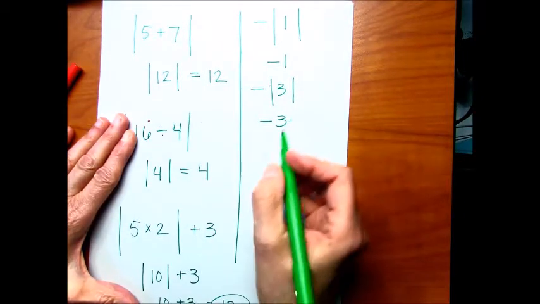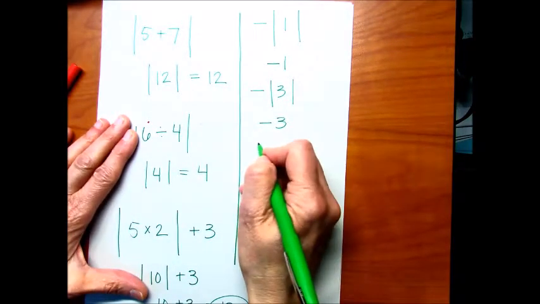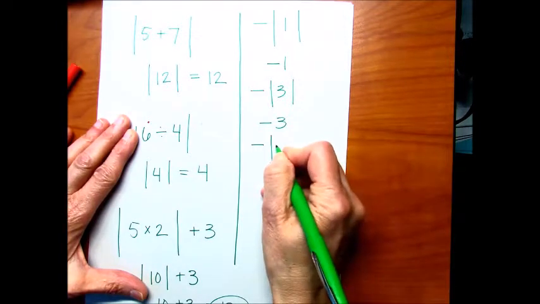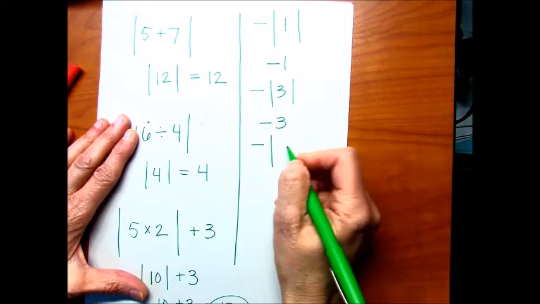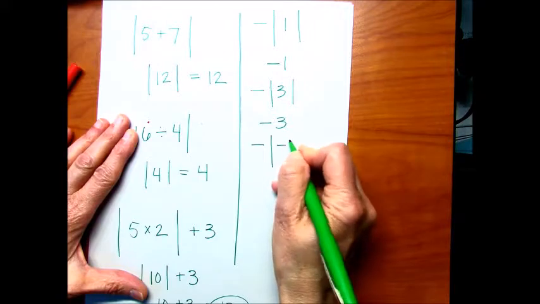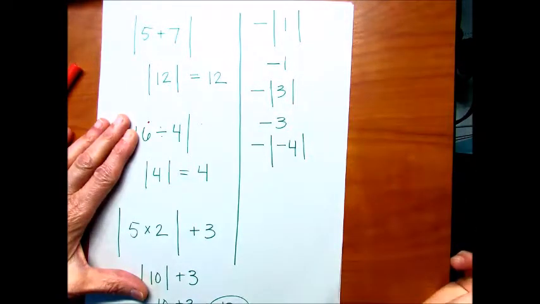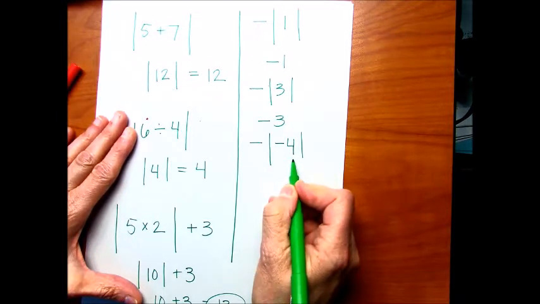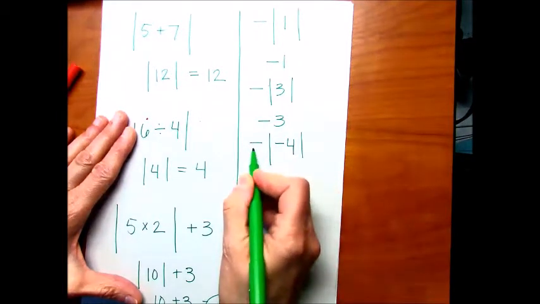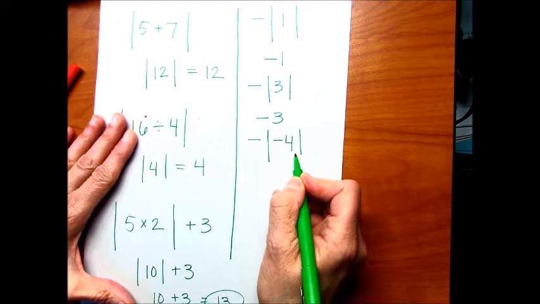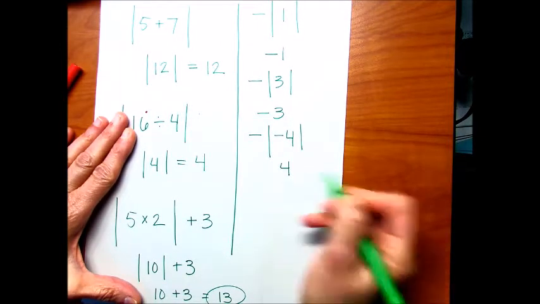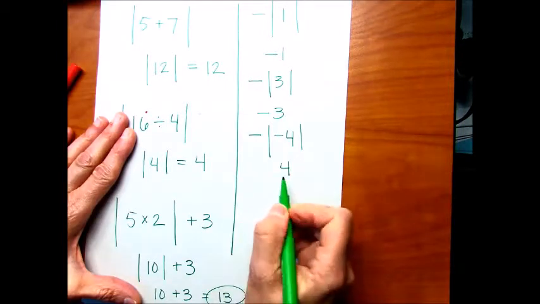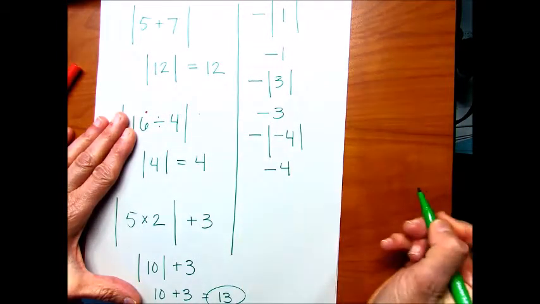Now sometimes we have the opposite of the absolute value of a negative number. So say we have the opposite of the absolute value of negative 4. Again, we want to evaluate this part first before we deal with that. So the absolute value of negative 4 is 4. And the opposite of positive 4 is negative 4.